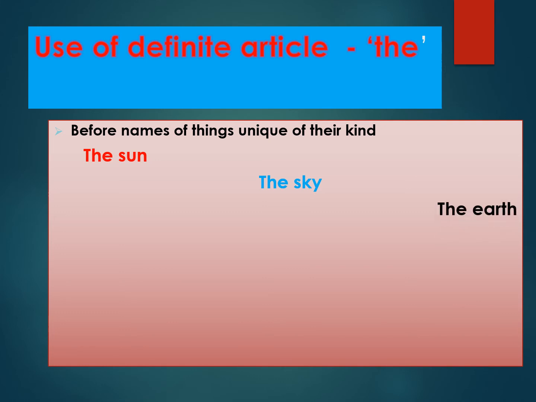Next example: the earth. Here also, Earth is the only one of its kind. You don't find any other Earth in the whole universe. So it's a unique thing. The is used before the noun Earth. So before unique things, we have to use the definite article the only.